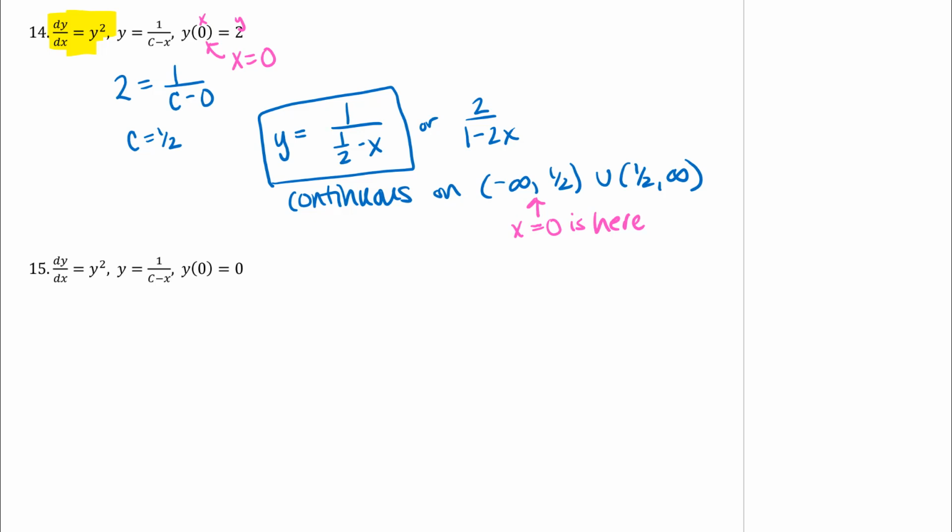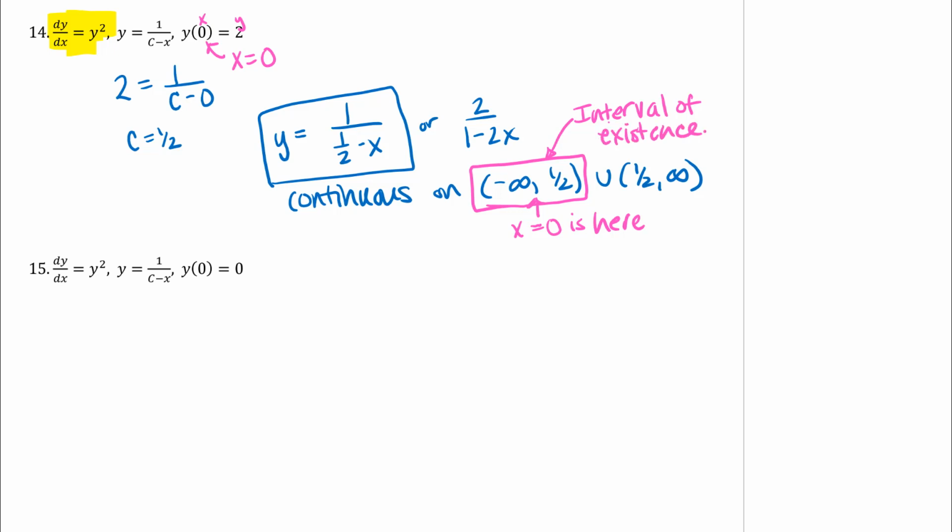And so since x equals 0 is in that interval, this is the interval on which this solution exists, and it can't jump across that discontinuity and still satisfy the differential equation. So the interval of existence for this solution and this initial condition is -infinity to 1/2. And again, that's an interval of values for the input variable, the independent variable, for which the solution that we've got satisfies the differential equation and the initial condition.